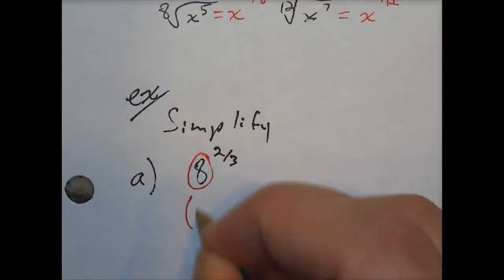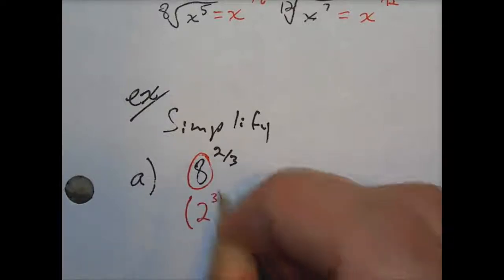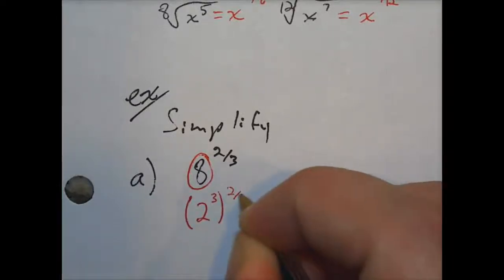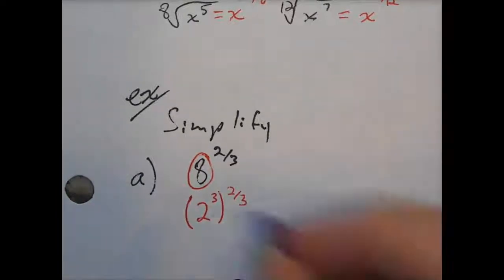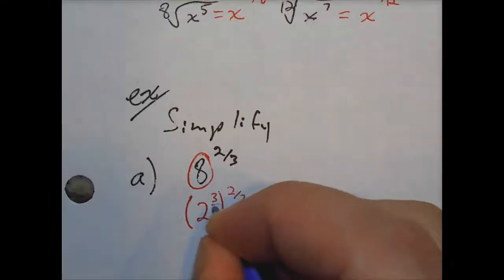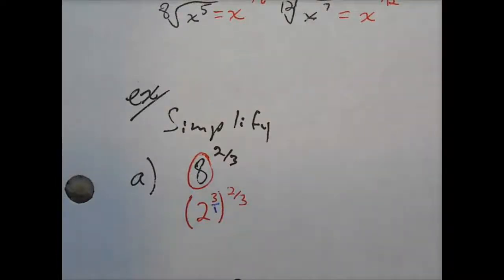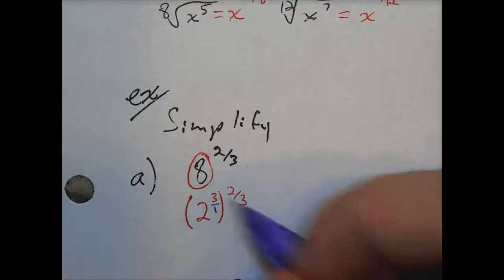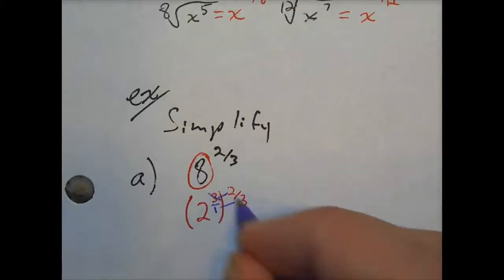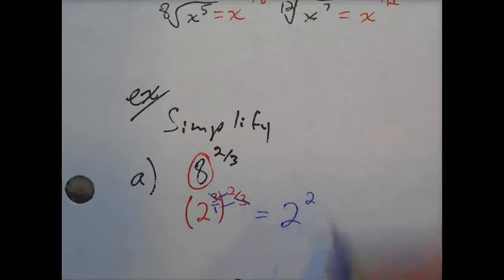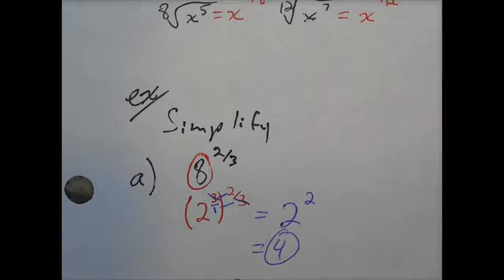So if I rewrite 8 as 2 to the 3rd and I keep that exponent on the outside, what happens, don't forget with fractions, if we have them in this order, we multiply, and with exponents, if we have them in this order, we multiply. Fractions, we multiply straight across. Well, 3 divided by 3 makes 1. So what I am left with here is 2 to the 2nd, which we know is just 4. So our answer in this case is just 4.